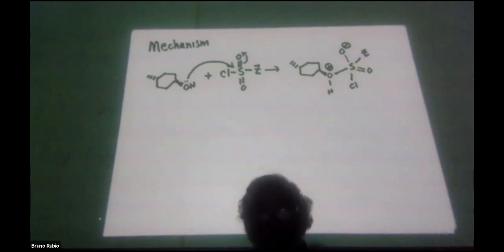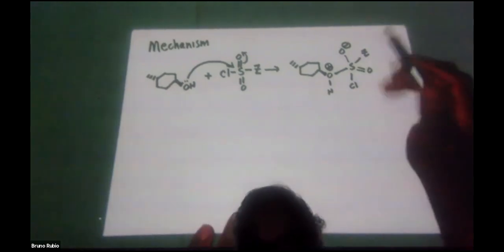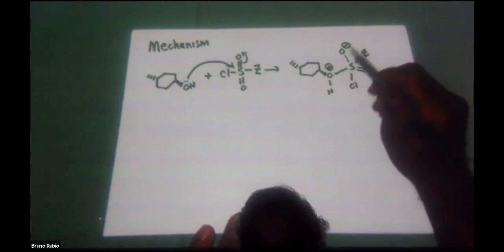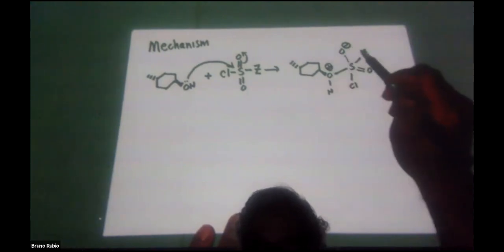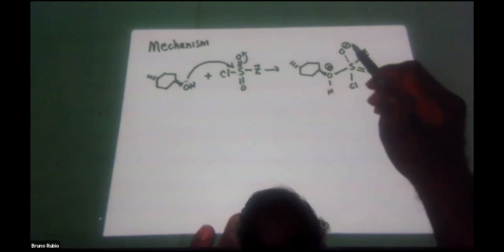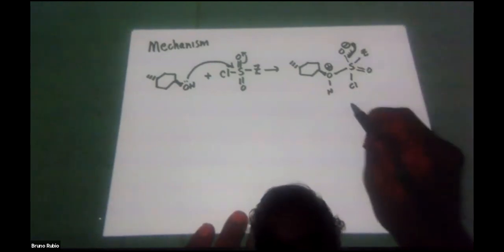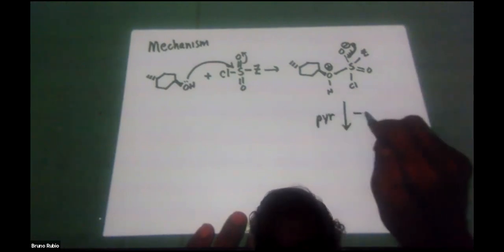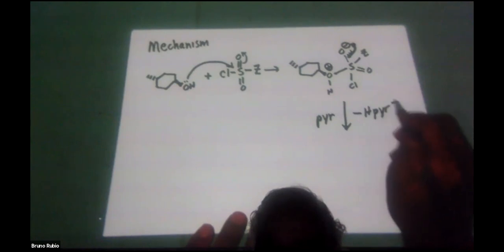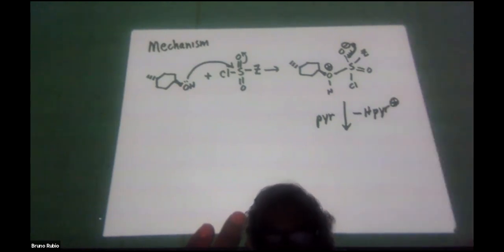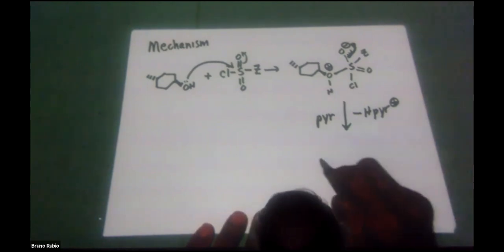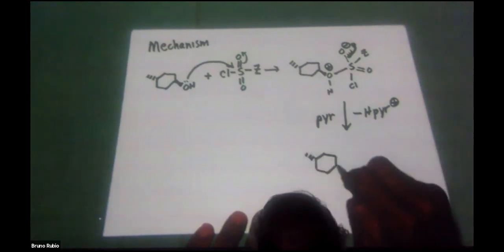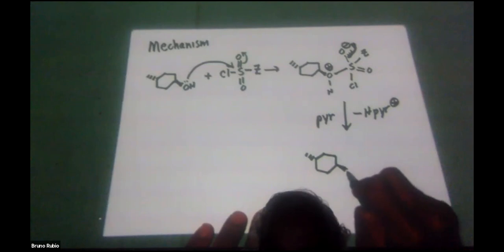Well, that's what's going on with this sulfur atom here. Okay, and so this is very similar to the first step of Darzens. And now these electrons, whoops. Now the pyridine gets involved. PYR in, HPYR plus out. What happened is the deprotonation of that oxonium. So we already went through all of that. So it's just comparable.